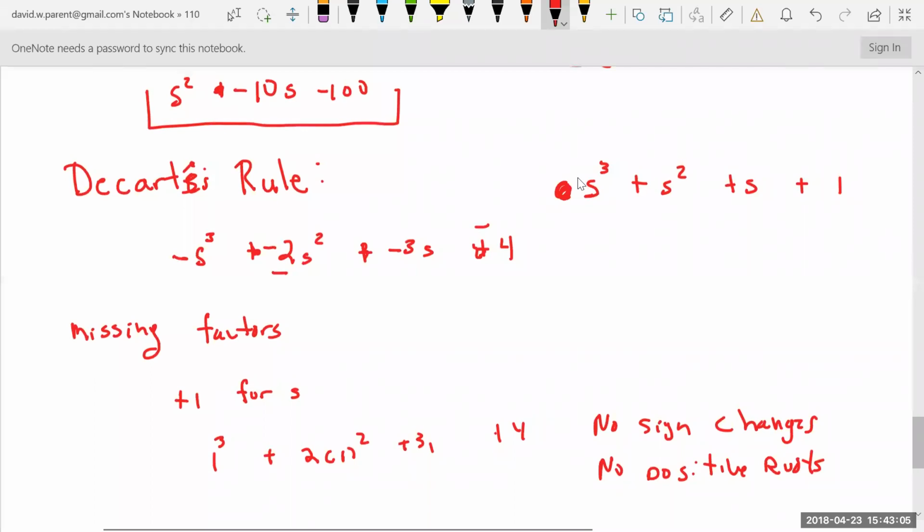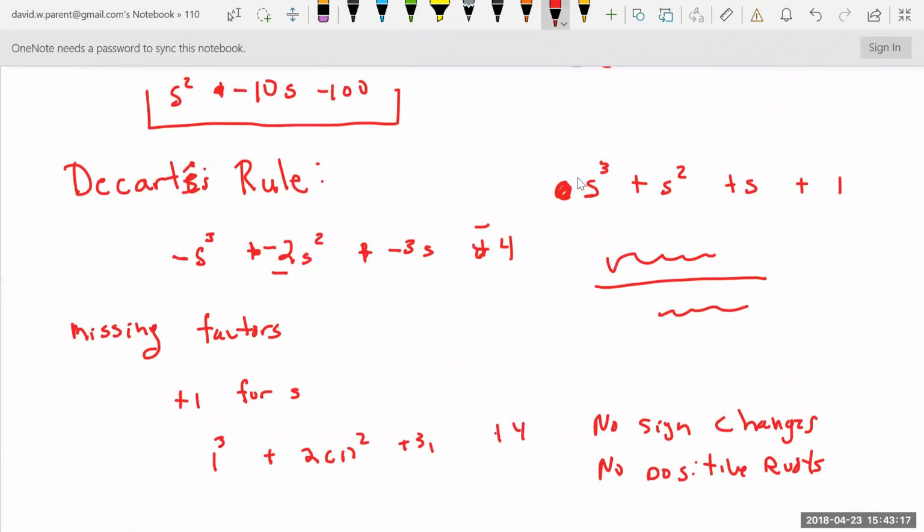If these are all negative, you can make this one negative too and it'll work. But a lot of times, I'll do whatever it takes with the rest of the equation to get the highest order of S to be positive, because then I can see right away what sign changes I have to do.